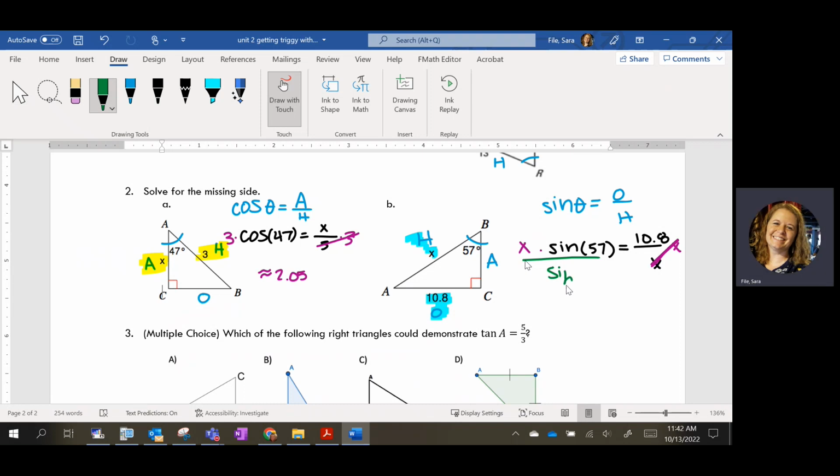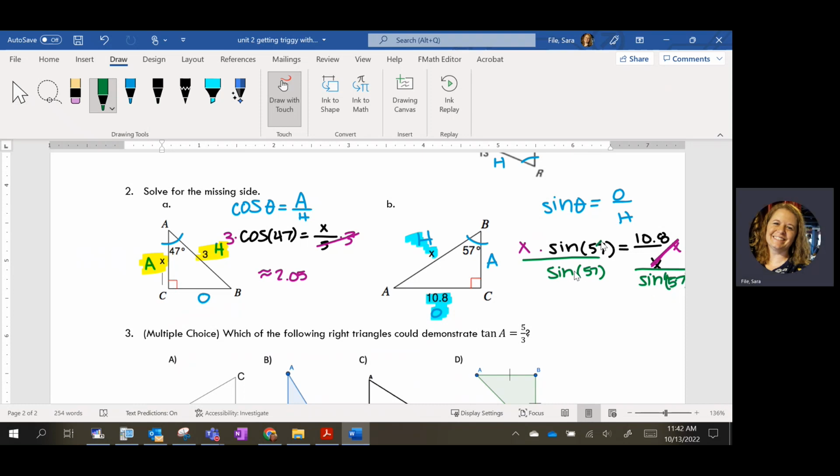Whatever the trig function is here is going to get divided out. So sine of 57 gets divided over, and what you do to one side, you do to the other. That is supposed to say 57. That's not very good. Okay.